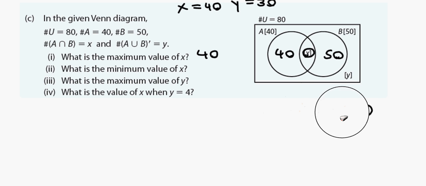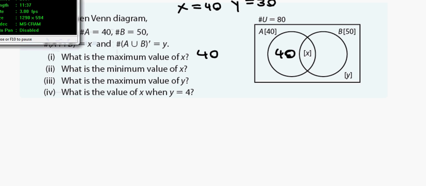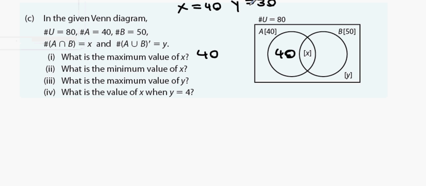So what we've got to do is write down an equation, and the equation is going to be this. 40 plus X and 50. So the minimum value of X is, what we can see is that when X is large, Y is also large.